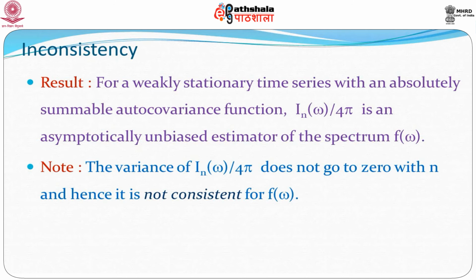So, you can take it as an estimator for f omega, but its variance does not go to 0 as n becomes large, which really means that it is going to be an inconsistent estimator. So, that is one of the major defects of the periodogram, and that is why we need to improve on the periodogram to get an estimator which would be consistent for the spectrum.